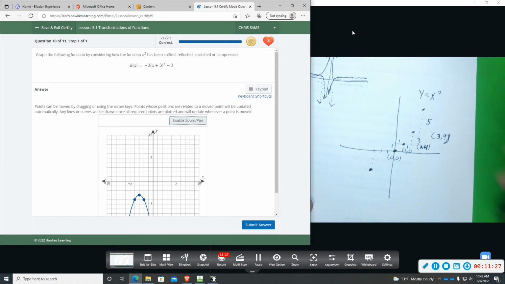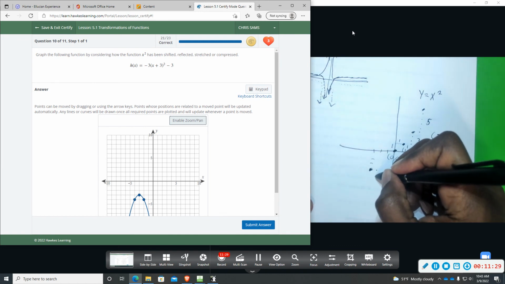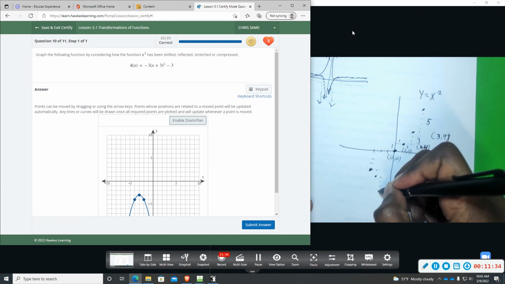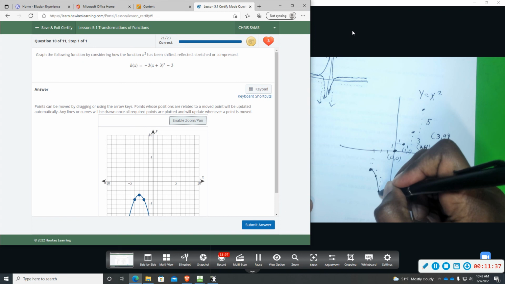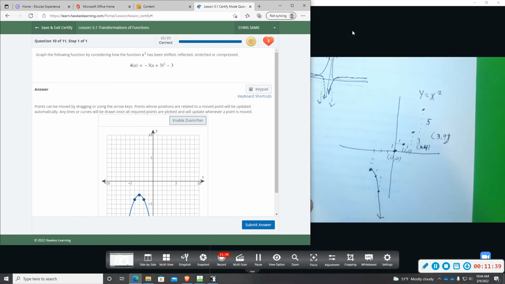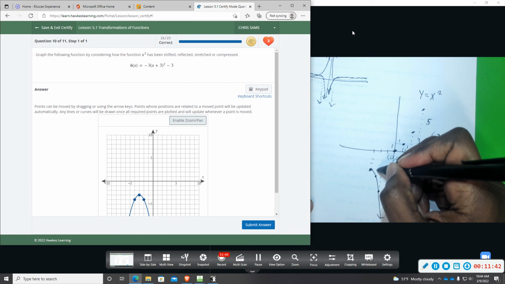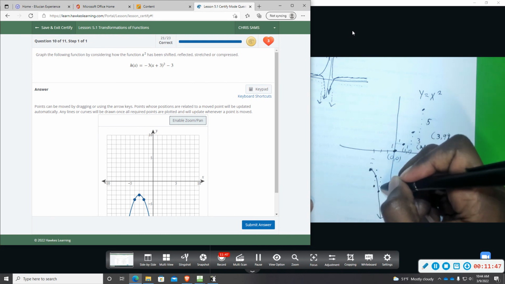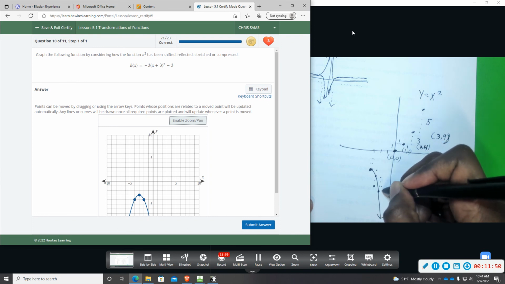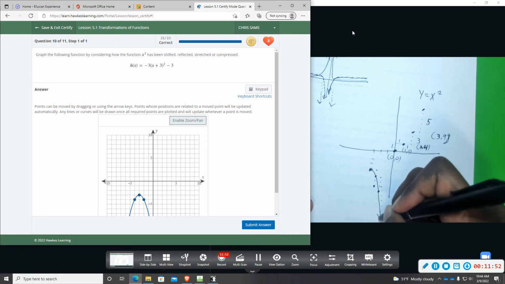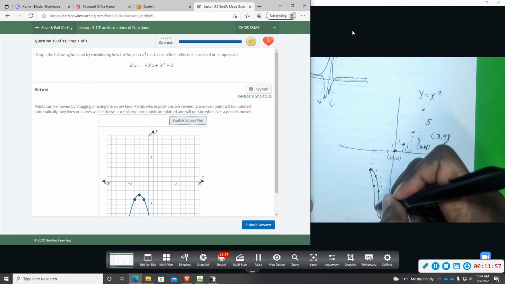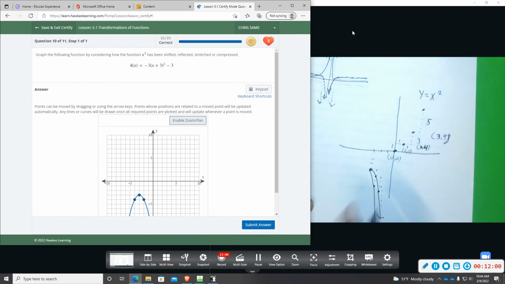So if I go right 1, down 1, and right 1, down 1, 2, 3, instead of that, our parabola is going to go right 1 and then down 1, 2, 3, and it's going to go right 1, and instead of 3, it's going to go down 1, 2, 3, 4, 5, 6, 7, 8, 9. So your parabola is going to get the appearance of looking much, much skinnier. It's going to be inside. That's the stretching because of that number.